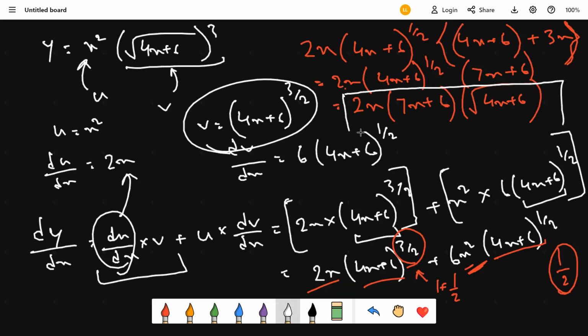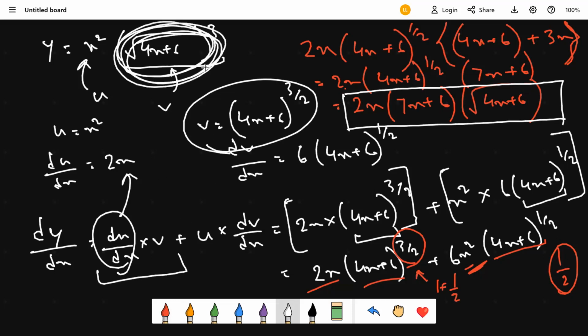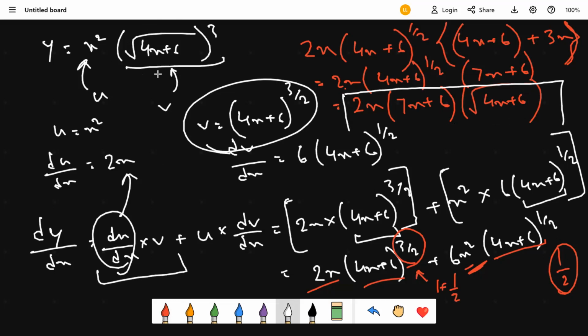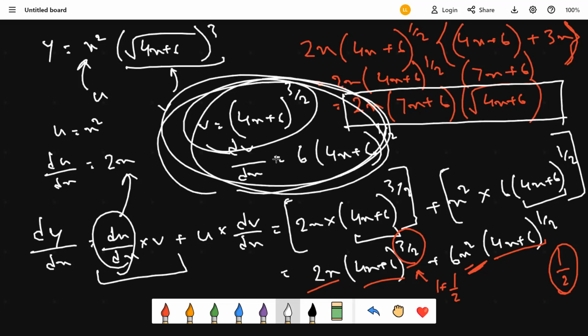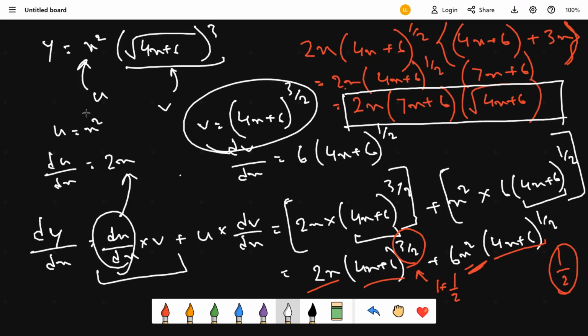So this is our final expression using the chain rule as well as the product rule. The chain rule was implemented on the function which has itself a function inside and a power outside. I mean, v was differentiated using the chain rule, and the whole thing, y as a whole, was differentiated using the product rule.